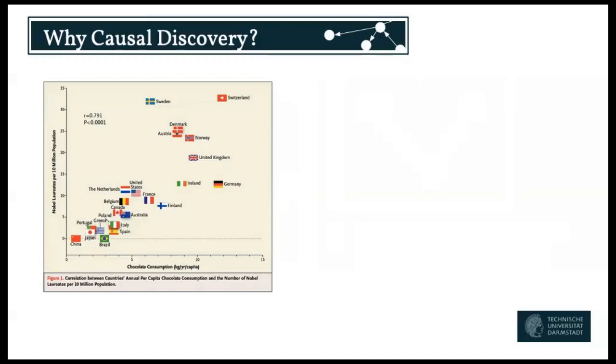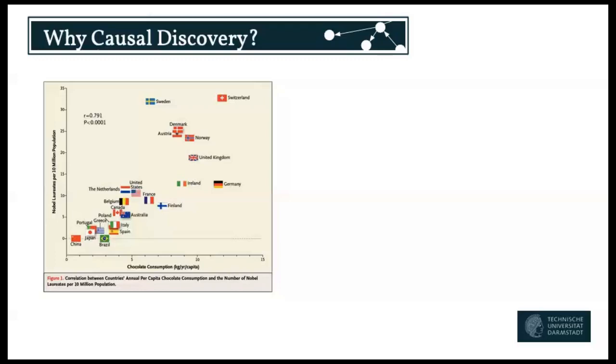Here's a graph showing the chocolate consumption on the x-axis and the number of Nobel Prize winners in the population of a certain country on the y-axis. Clearly you see there's a pretty strong correlation, and the p-value also tells us it's significant.